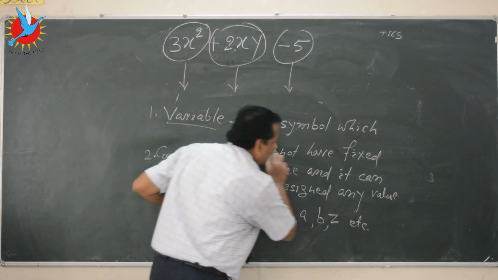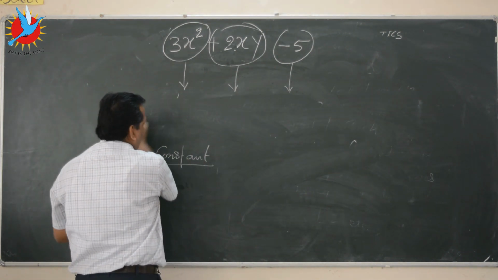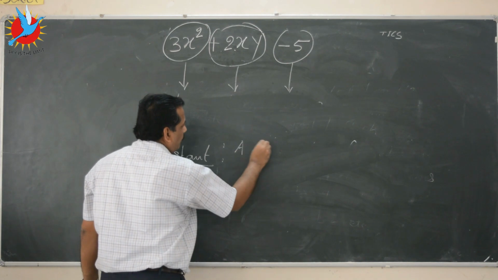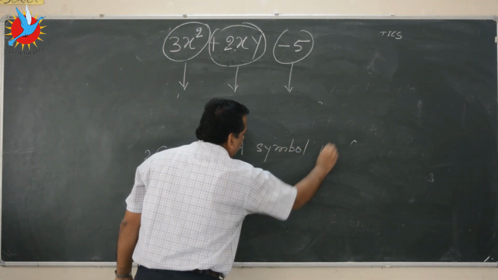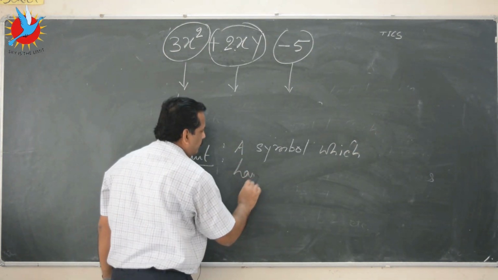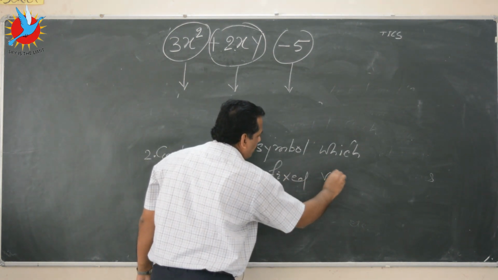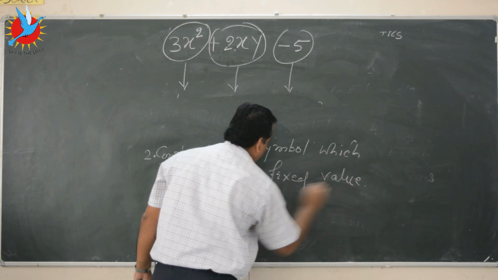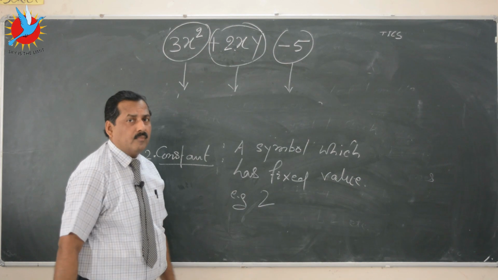So let us write the definition of this. A symbol which has a fixed value. For an example, 2 is 2 every time, everywhere.